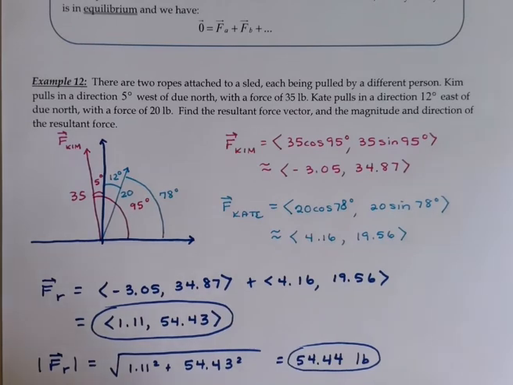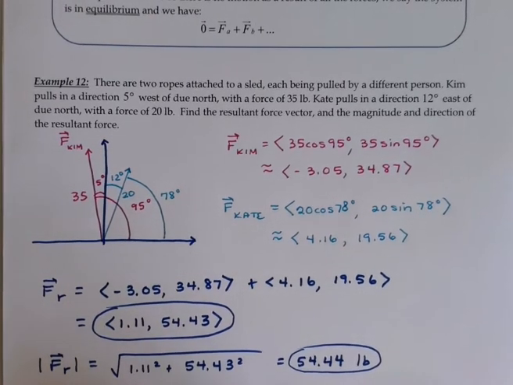It's 1.11 in the x direction and 54.43 in the y direction. So I'm going to say that the tangent of theta is f2 over f1, would be 54.43 over 1.11. And I'll use the inverse tangent in order to get my theta. And I get about 88.8 degrees. So this angle here with the positive x-axis is 88.8 degrees.